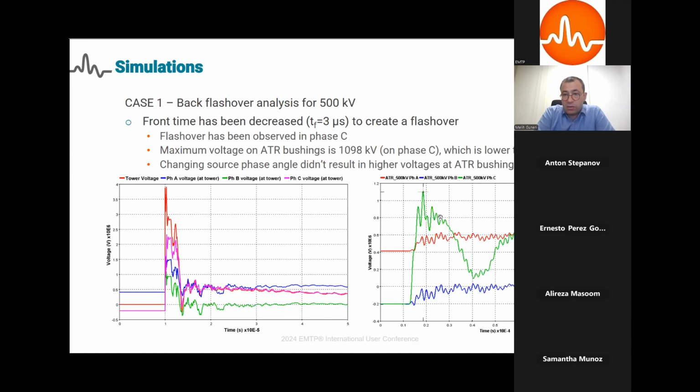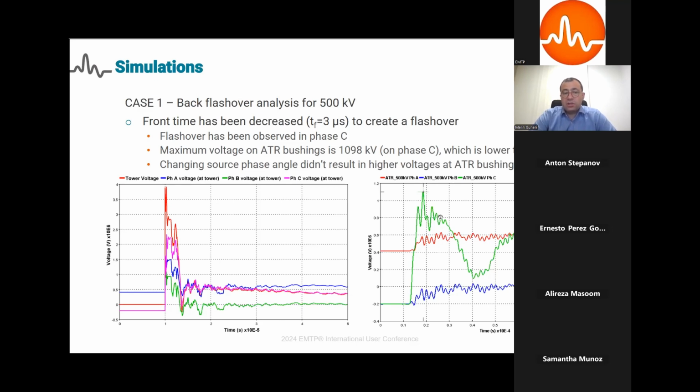Then with this value, we achieved a flashover on phase C, which is the outermost, lowermost phase on the tower. And the maximum voltage on the auto-transformer bushing has been measured as 1098 kilovolt, which is quite lower than the acceptable level.